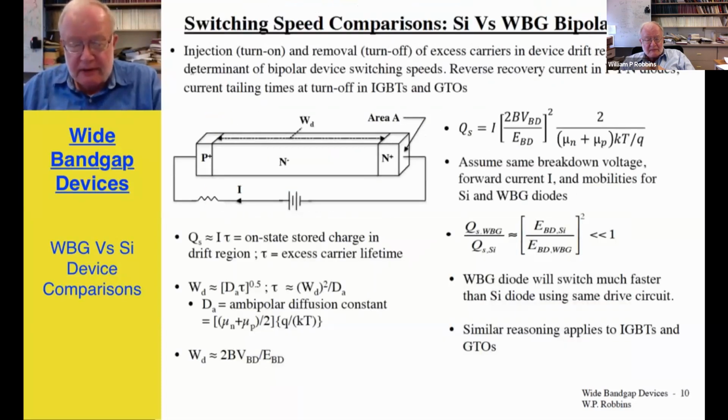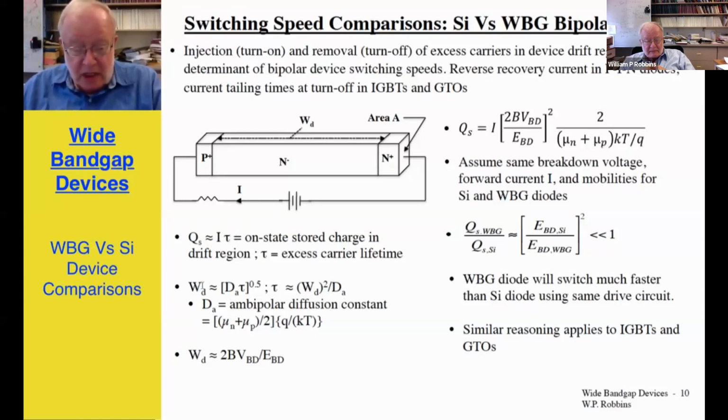Switching speed comparisons. If we do a bipolar comparison, I show here a PN junction, PIN diode, forward bias with some current I. The excess stored charge in the drift region is approximately I times the carrier lifetime.